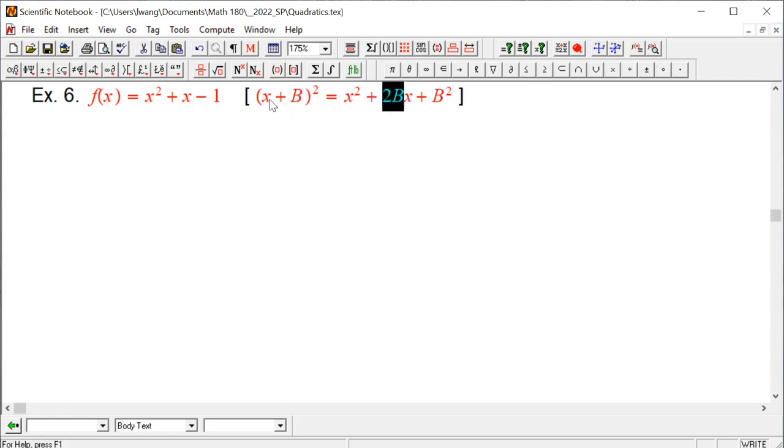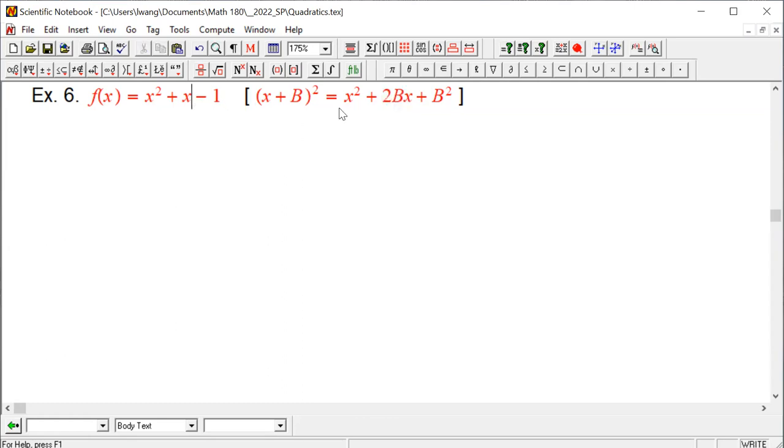Because a is all substituted by x, we have x squared plus 2bx. So here we have x, so 2b is 1. Do you see that? 2b is 1 in comparison. And b is 2b divided by 2.